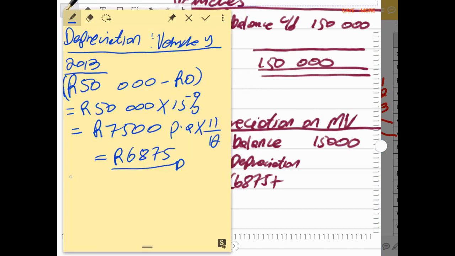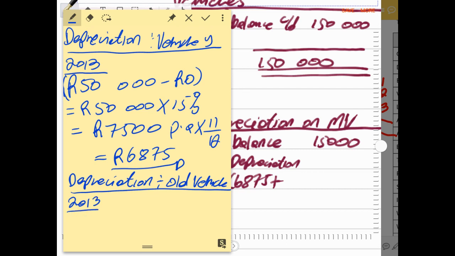So now I will be calculating depreciation for the old vehicles, or for the other vehicles, for the current year 2013. So now I know that the cost of the old vehicles is 100,000 minus accumulated depreciation of 15,000, and that will give me an amount of 85,000 rands.